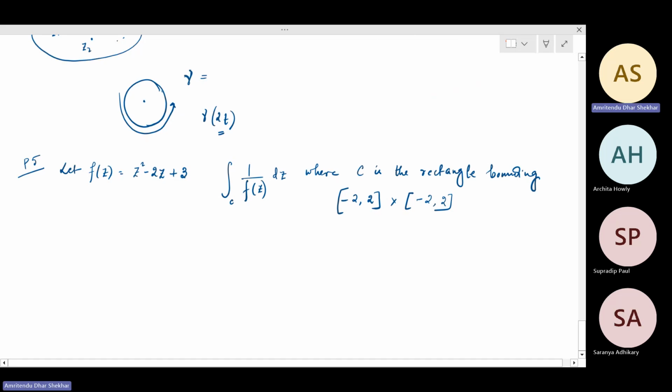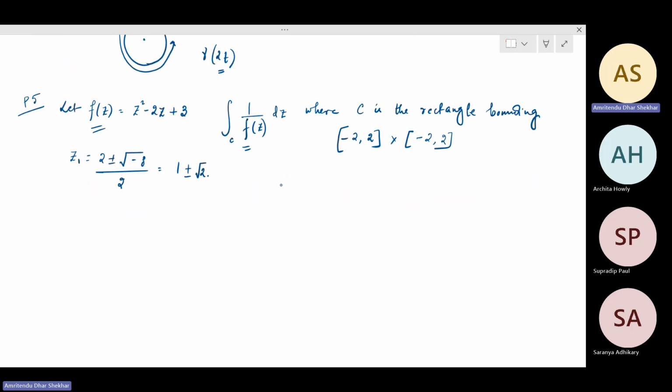Let us compute the roots of f(z) first, because it's 1 by f(z) and it's a quadratic equation. The roots of f(z) turn out to be 2 plus minus root of minus 8, by 2, which is 1 plus minus root 2 j.